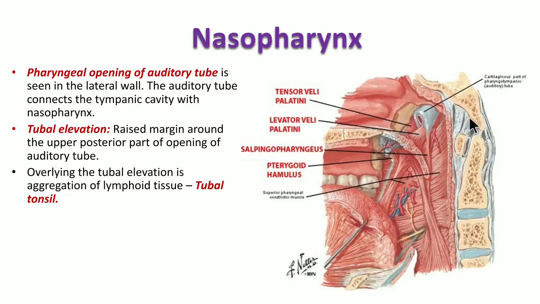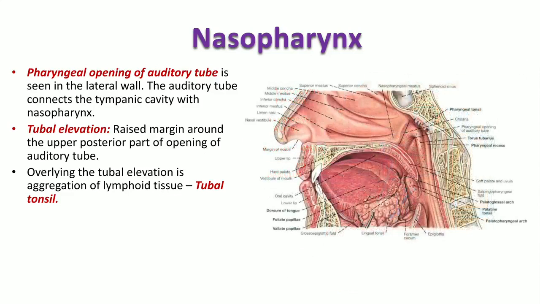It is not always preventive, but it is there to prevent that; sometimes certain microorganisms might still enter the auditory tube and infect your middle ear cavity. So as I told you, on the tubal elevation you see the opening of the auditory tube and the aggregation of lymphoid tissue, which is called the tubal tonsil.